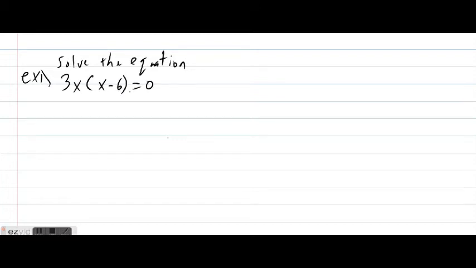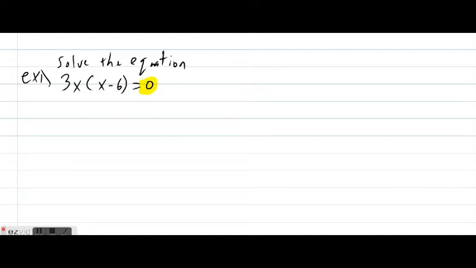Now I think you're going to want to start multiplying. All right, fight that urge. We do not want to multiply. No distributing, no FOIL, no double distributing. It already is factored and it equals 0.